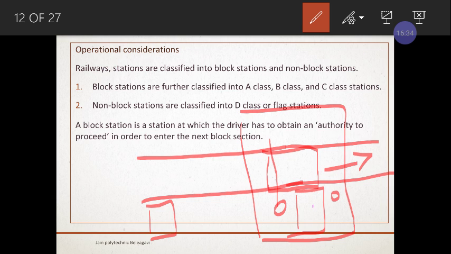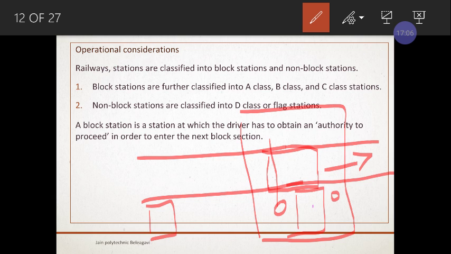So there is a signal provided at the starting point of the train from that station. That signal is called the starter signal. It tells whether to start the train or not, to proceed or not to proceed, to move forward or not.